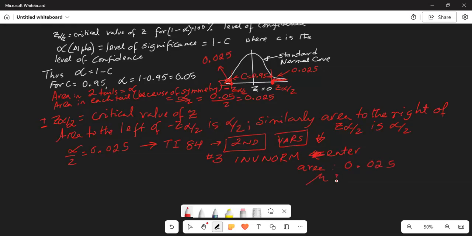Mu is already set as 0 because the center is 0. Sigma is 1 for standard normal curve. Do not change it. Then go down to paste. Put the cursor or the flashing rectangle on paste. Okay, and then hit enter twice.